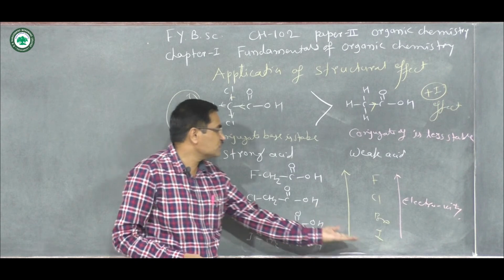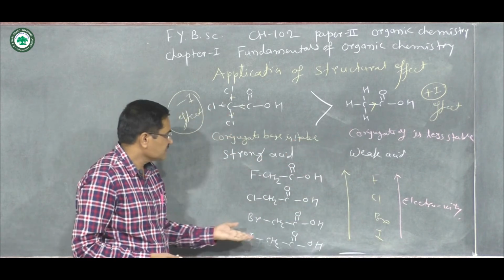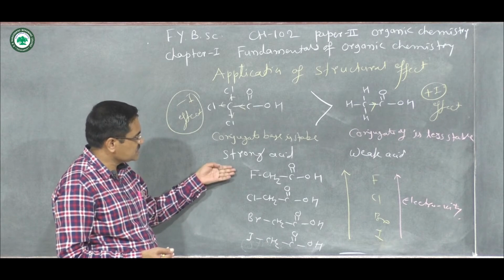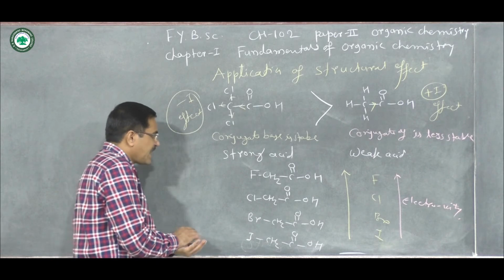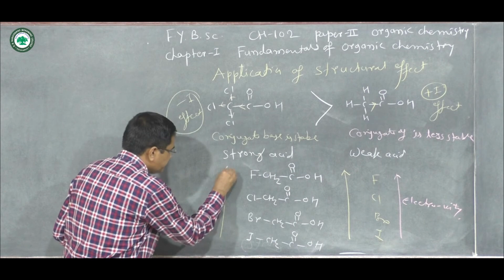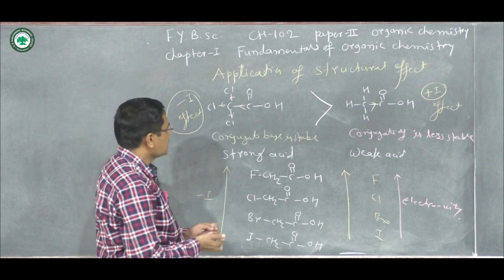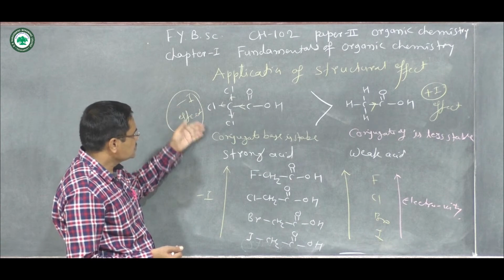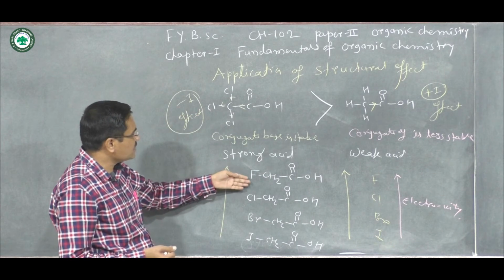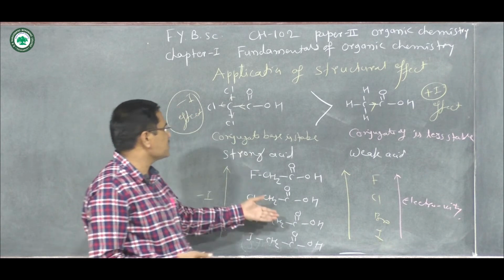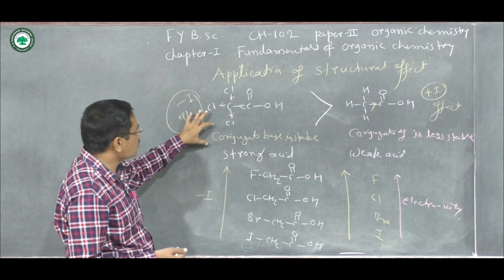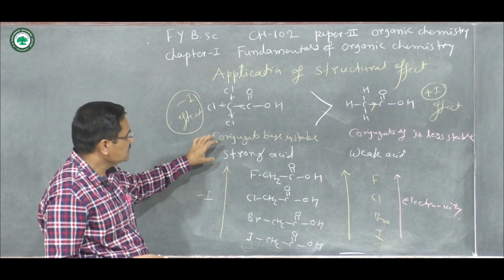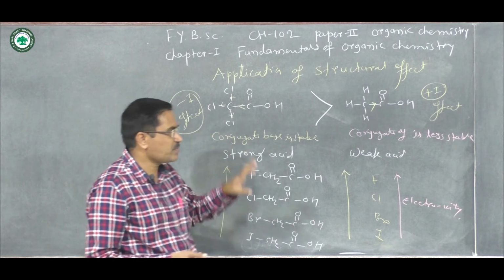Means electronegativity increases, the electron withdrawing power also increases, means minus I effect also increases, and you know very well that the compound having more minus I effect has a stable conjugate base, and hence shows more strength of acid.